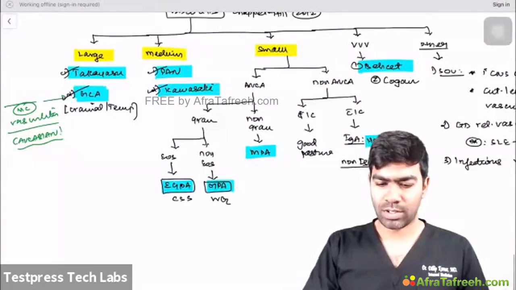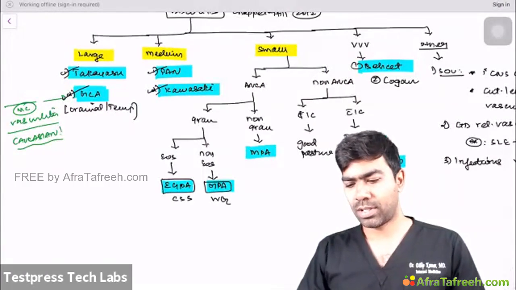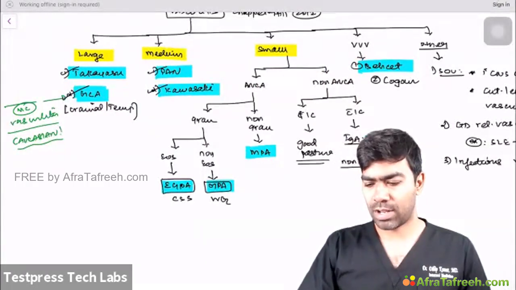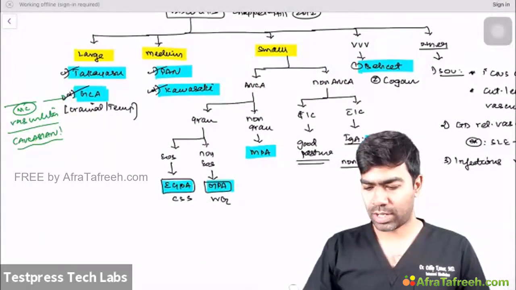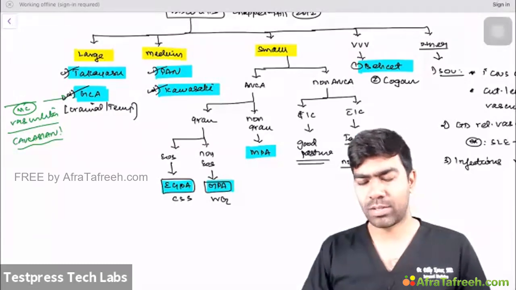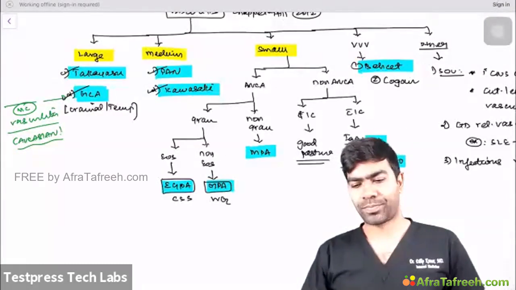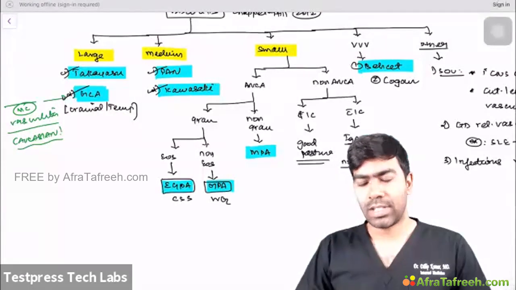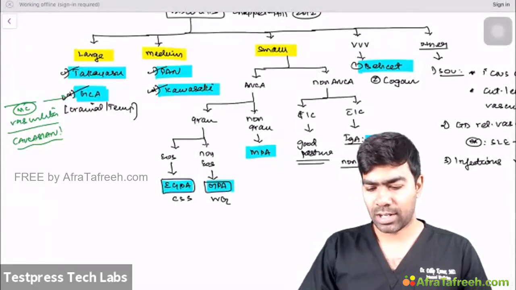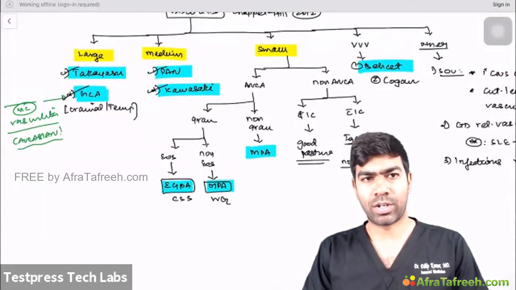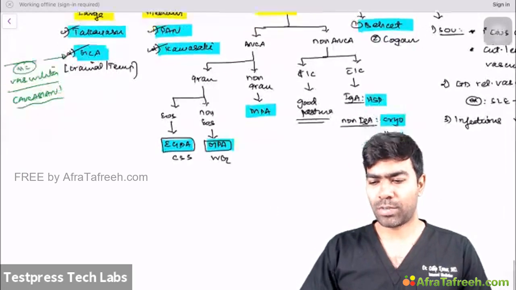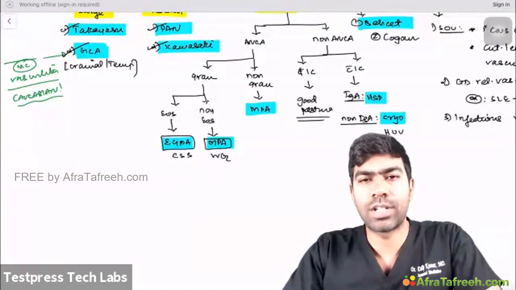That's all. These are the important topics for exams. Goodpasture we will discuss in nephrology because it's more of a kidney topic. If you want, we can discuss it here, but it's more of a nephrological area. So these are the different types of vasculitis. Whatever I underlined in blue color is going to be an important topic for exams.